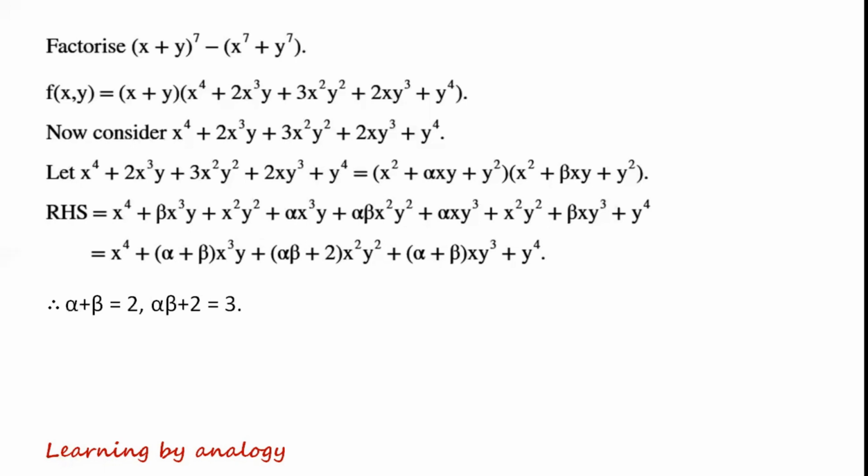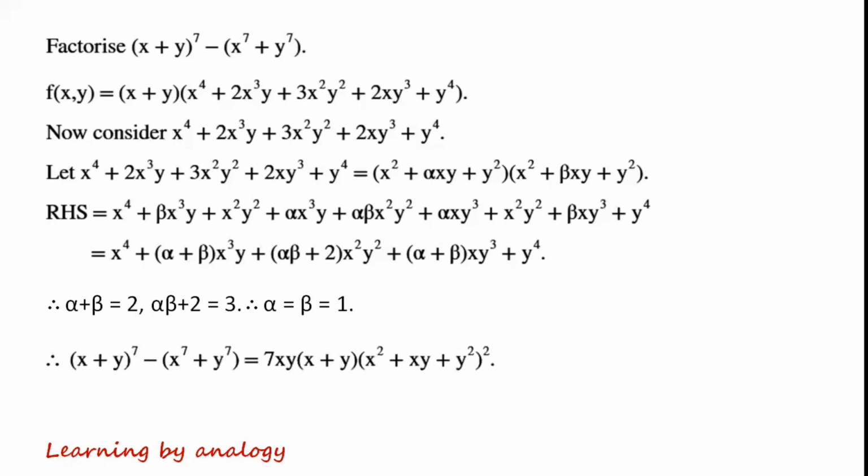So alpha plus beta equals 2. Alpha beta plus 2 equals 3. So alpha equals beta equals 1.